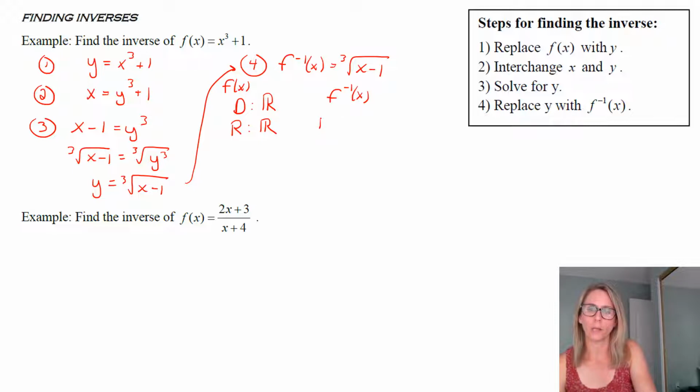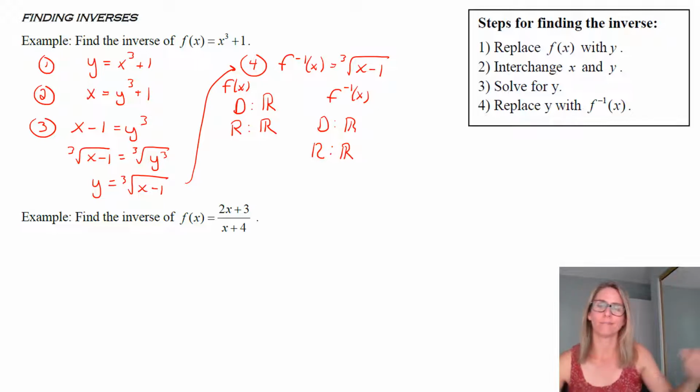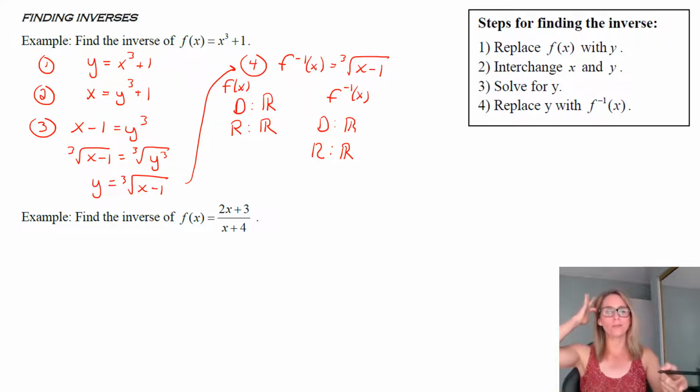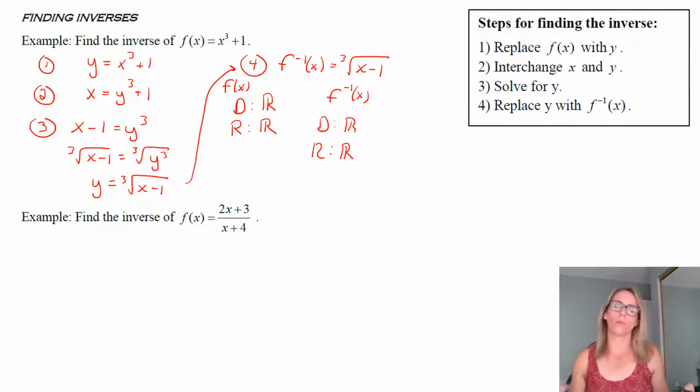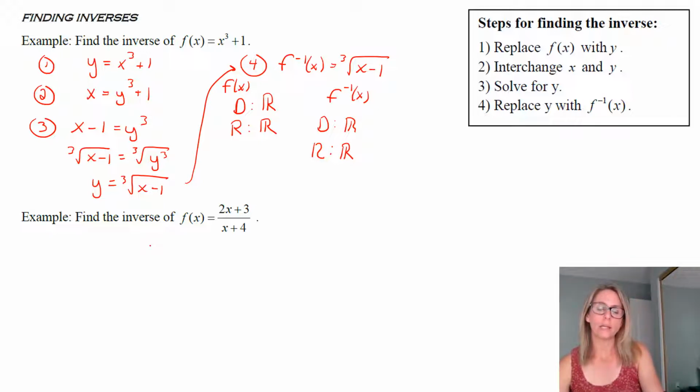Now, it's not very exciting for this one, because the domain and range are all real numbers for f of x, so it's going to be the same for the inverse. But let's look at the next one. It would be really great if you could pause, see if you can do those same steps and find the inverse for the next example that we have.